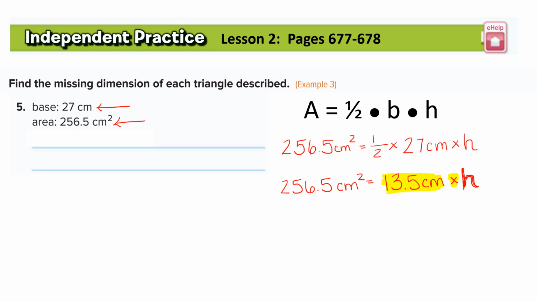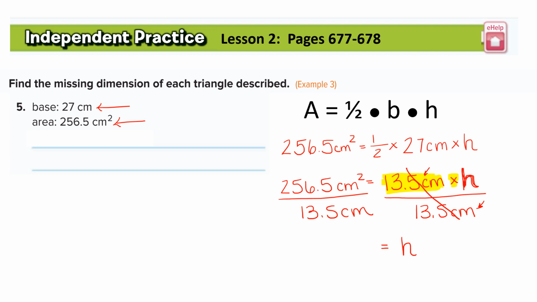Now, how do I get rid of multiplication? I need to do the inverse operation, which is division. So I'm going to divide now by 13.5 centimeters on both sides. Okay, so 13.5 centimeters divided by 13.5 centimeters equals 1, and 1 times h equals h.